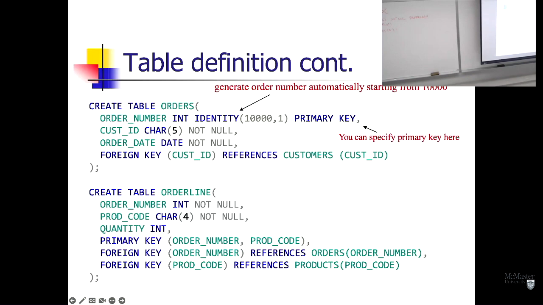When we use references here, that references is actually the link between the foreign key in this table and the primary key in the customer table. This is to know that the order table, through the customer ID, refers to the customer table.